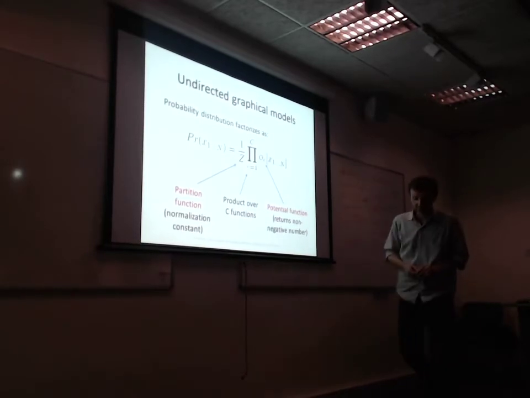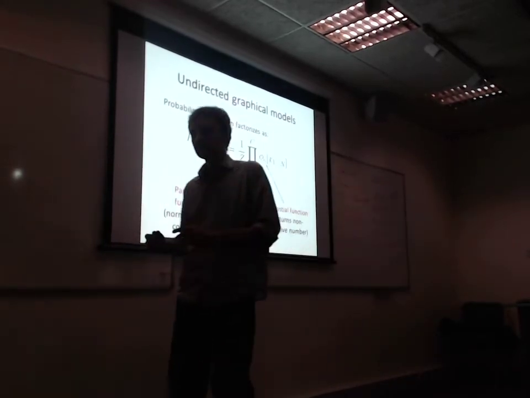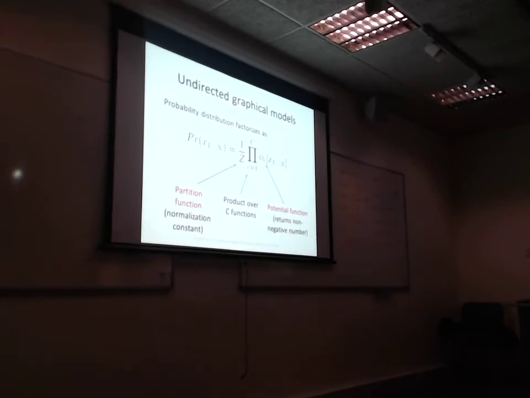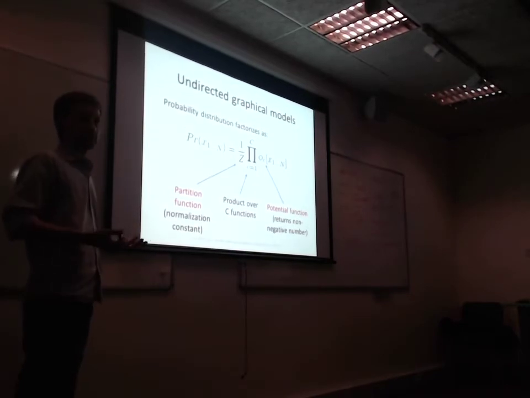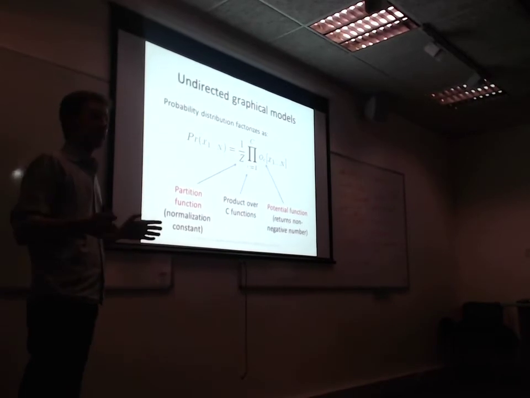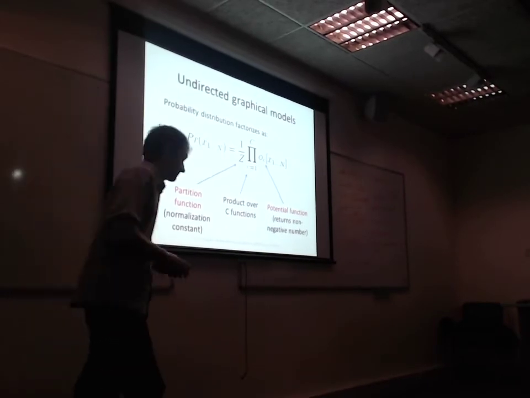Now, we've been talking about directed graphs with arrows. We said those are Bayesian networks. We can also have what are called Markov networks with undirected edges. So these will just be nodes with a line between them, no arrow pointing in either direction.